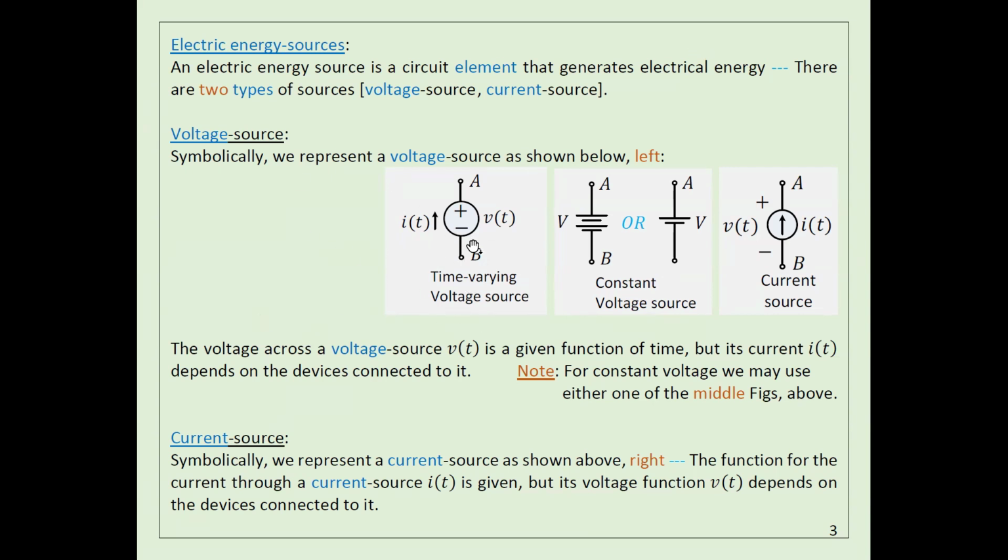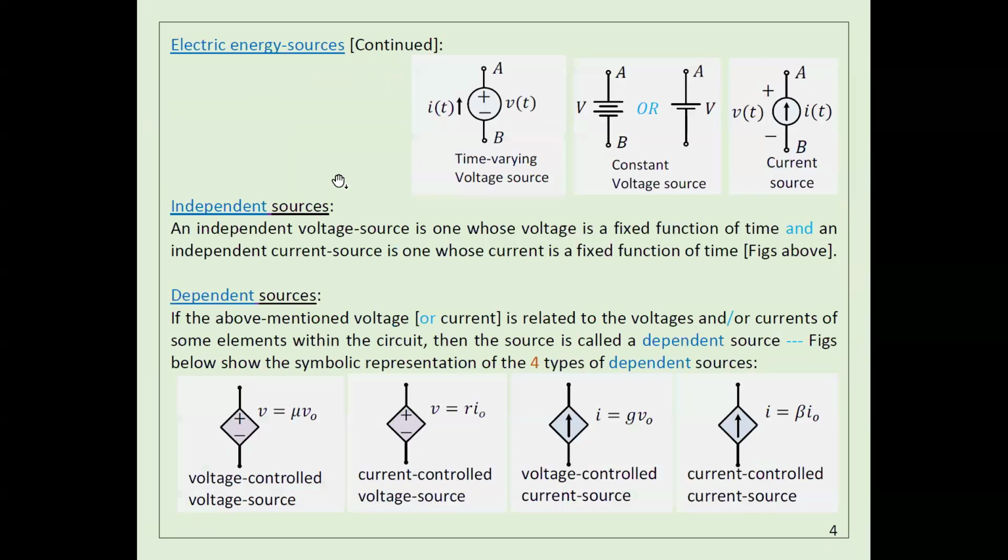Also, I told you we have two types of sources: one is dependent and one is independent. You can tell from the English names. Independent means the amount of voltage here, the amount of current here, does not depend on the rest of the circuit. If it's 5 volt, it's going to be 5 volt.